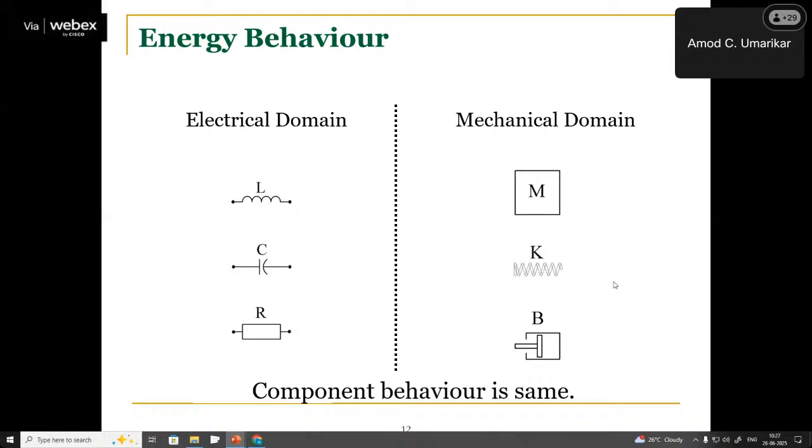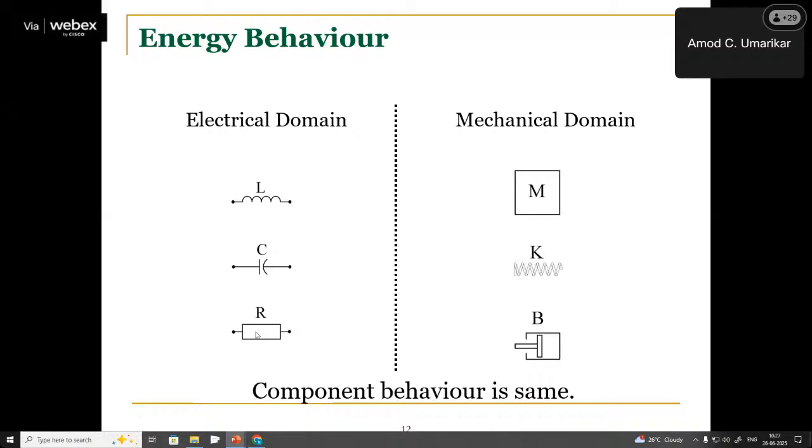Similarly, capacitor and spring are analogous. The capacitor stores charge, that is static, and the spring stores displacement, right? Kind of displacement. So that's why these are analogous.